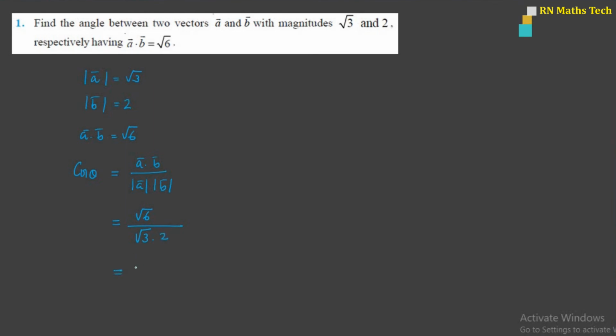Root 6 is root 2 into root 3, divided by root 3 into 2, which is root 2 into root 2. So root 3 cancels, root 2 cancels, 1 by root 2. Cos theta is equal to 1 by root 2, theta is equal to pi by 4.